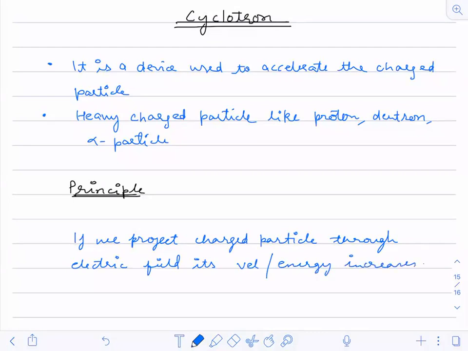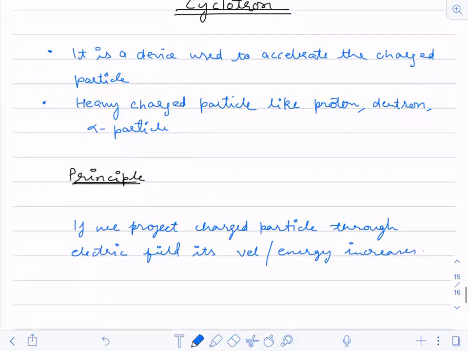And that is what we want. So this is the principle.